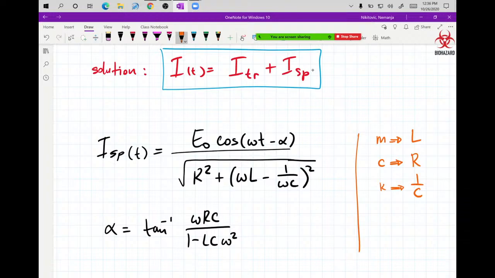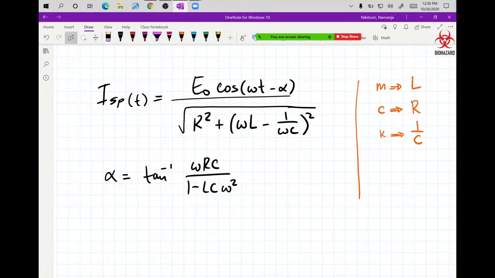Absolutely no difference in any of that stuff. And that's it. That's all it is. So you just put these equations in.